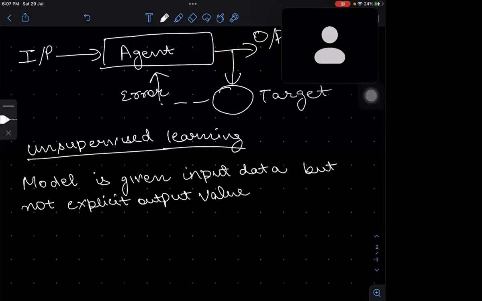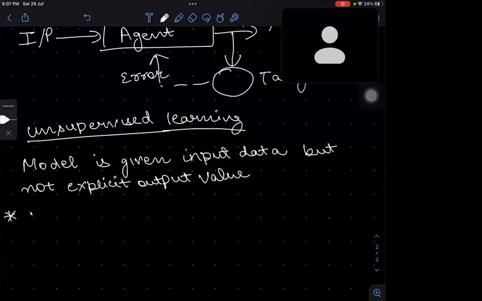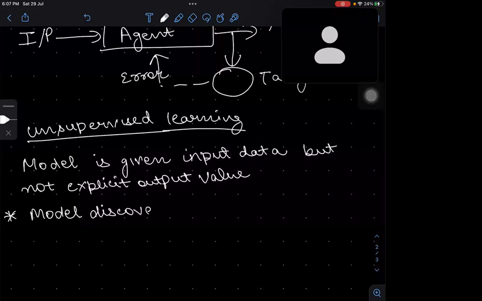Here the model has to discover the structure, or I can say the pattern.